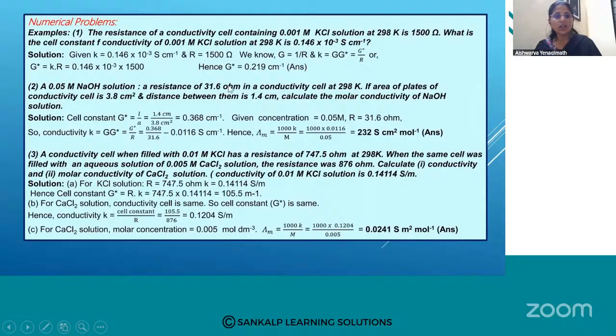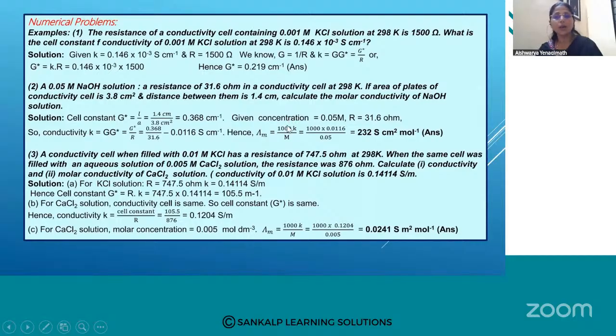So resistance is given, 31.6 ohm, and temperature is also given, that is 298 Kelvin. So conductivity kappa is equal to conductance into cell constant, so G star by R. You have calculated this G star here. You have got this value. Substitute these values, you will get the answer. Molar conductance is what?